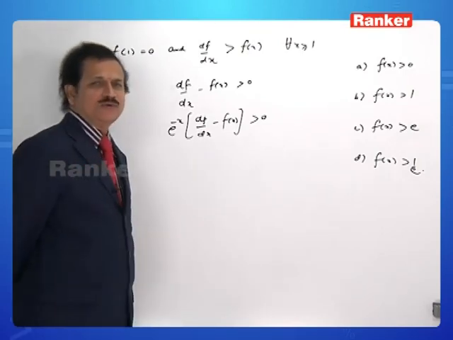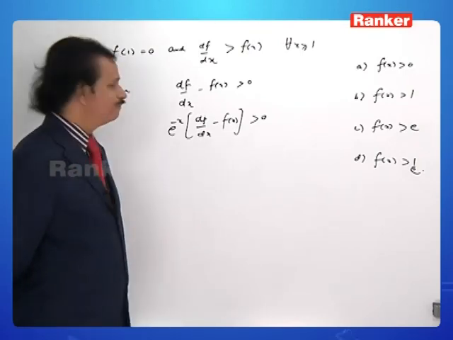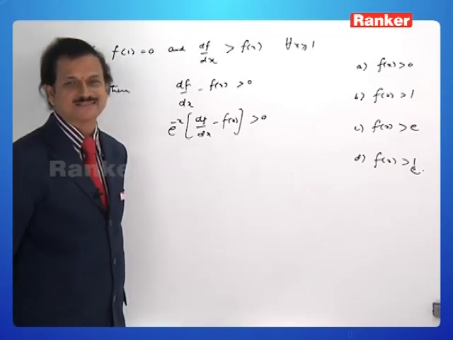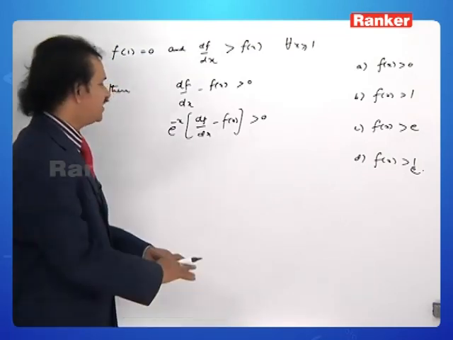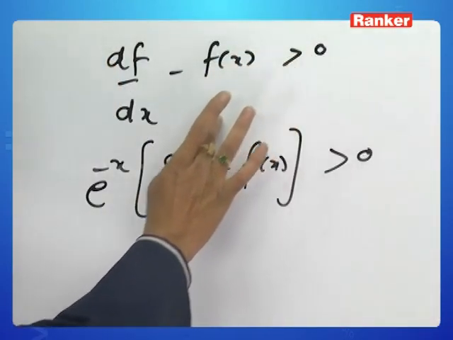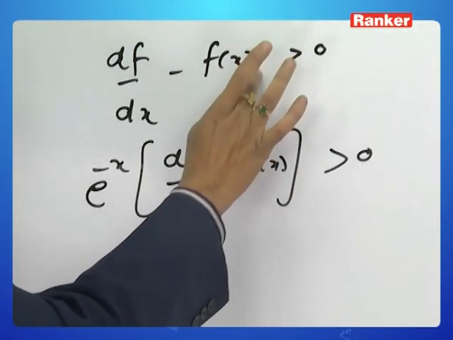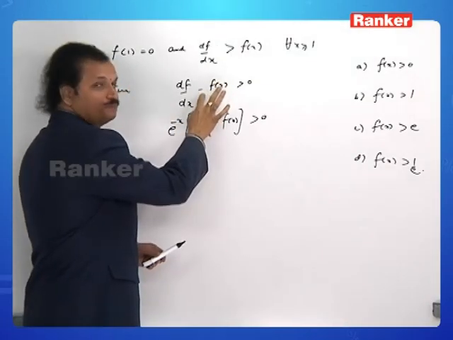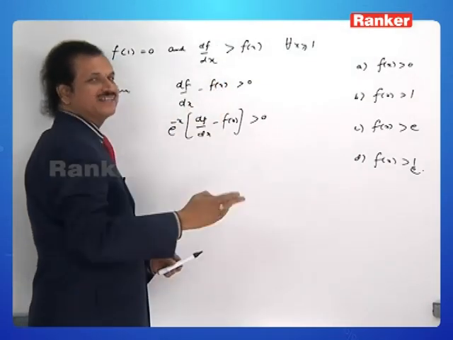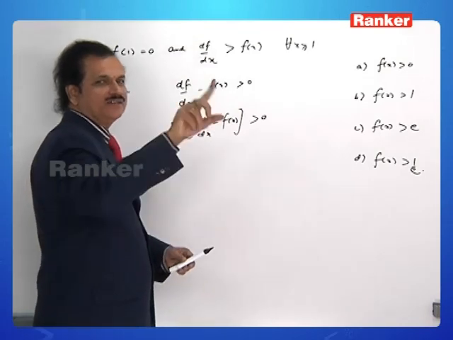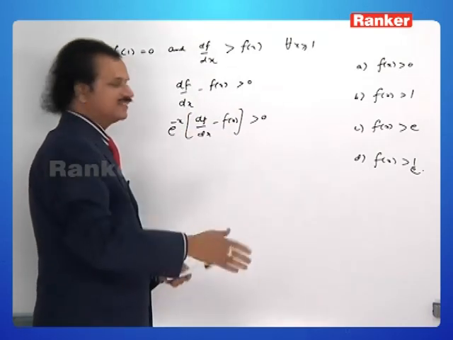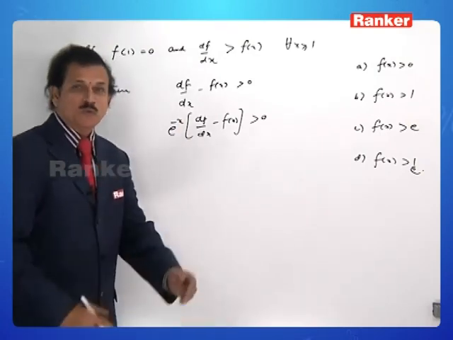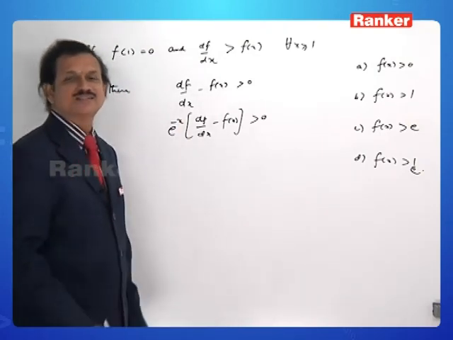Well, you could have got the idea. How do you get the idea of multiplying with e power minus x? You just observe up to this part. This is nothing but the LHS of a linear equation, isn't it? What is p? Minus 1. What is the IF? E power integral of minus 1 dx is nothing but e power minus x. Why do you multiply that?